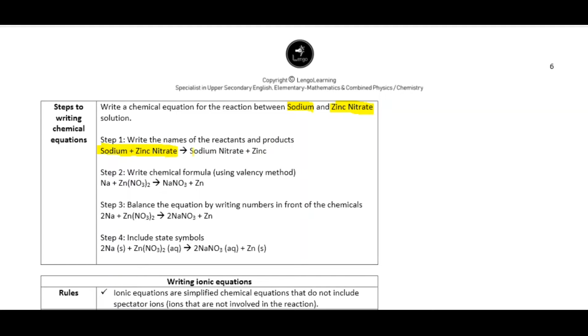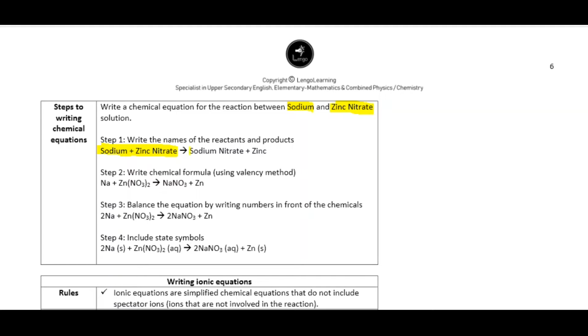You will learn subsequently more about how the chemical compounds react to form products. But in this case, it is enough to know that the sodium will actually kick the zinc out. It will actually replace the zinc from the nitrate.